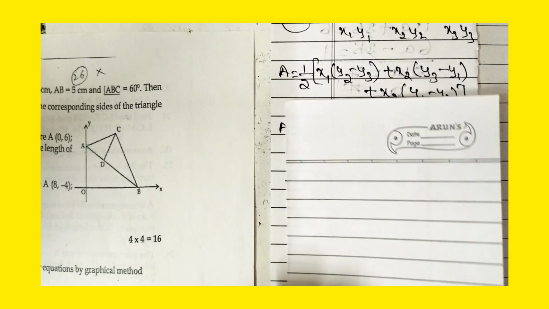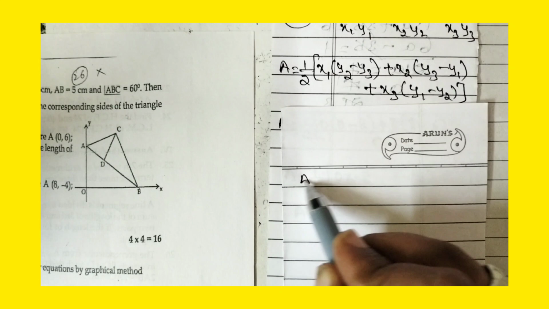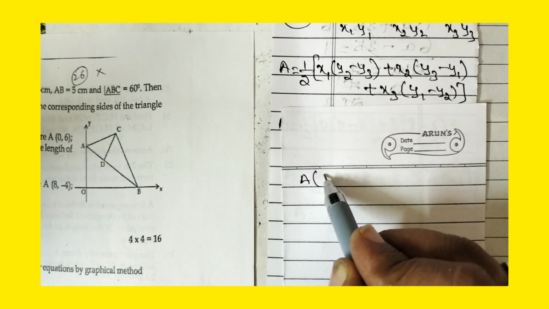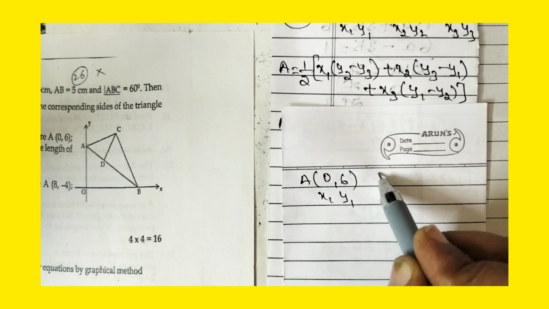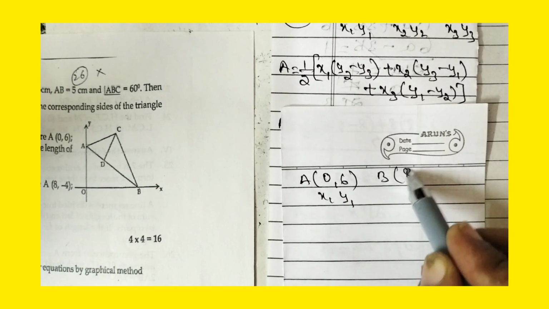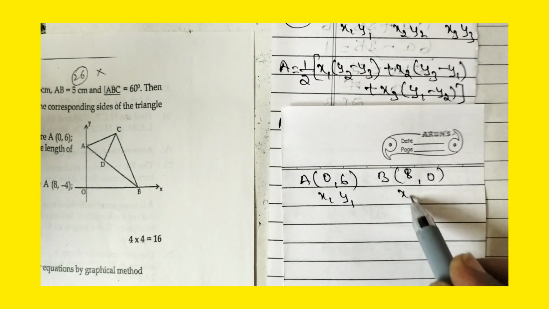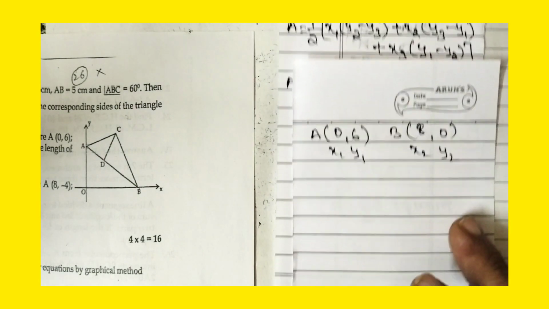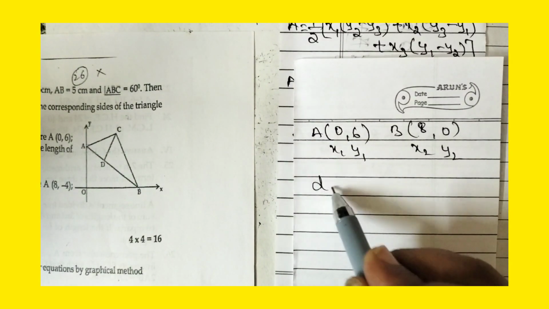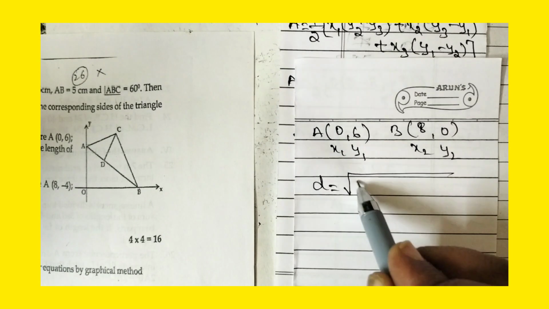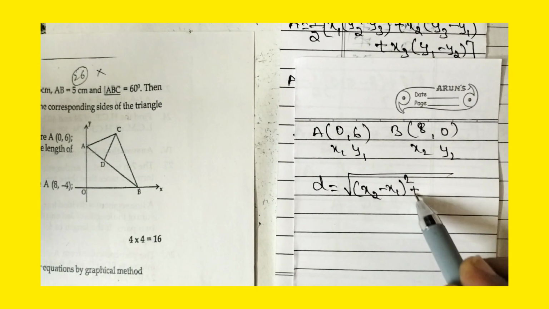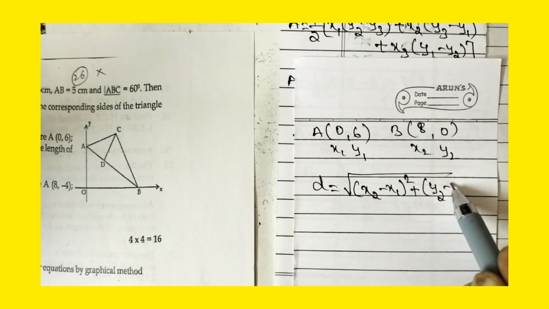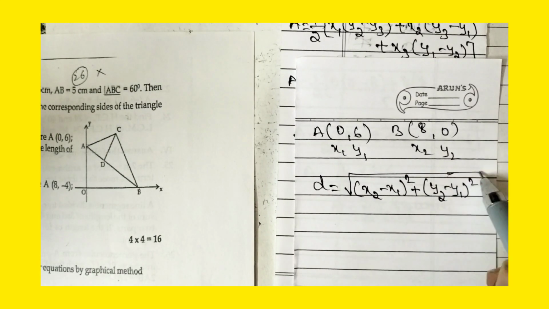Let us find the distance between A and B. A is given as 0, 6, that is x1, y1, and B is given as 8, 0, that is x2, y2. So distance is equal to square root of x2 minus x1 whole square plus y2 minus y1 whole square.